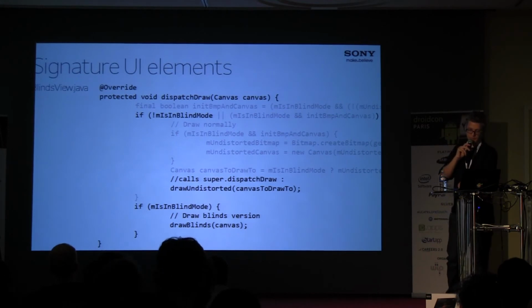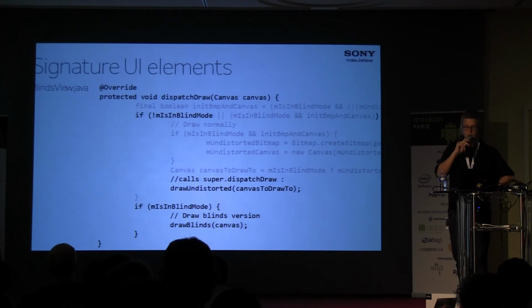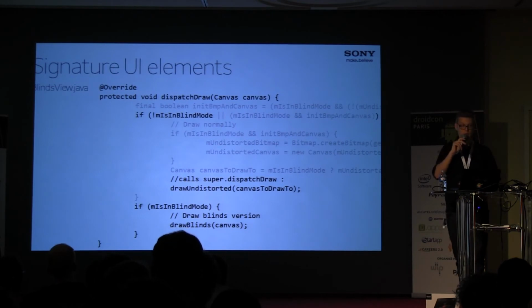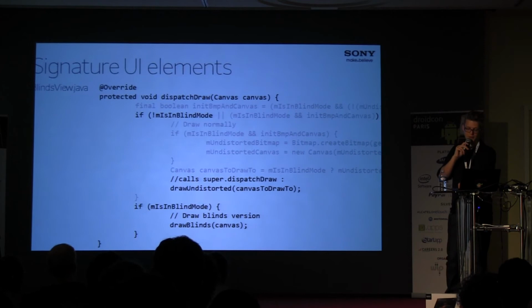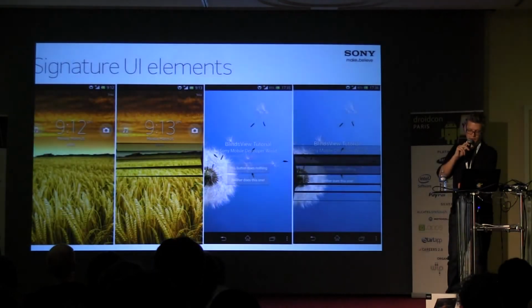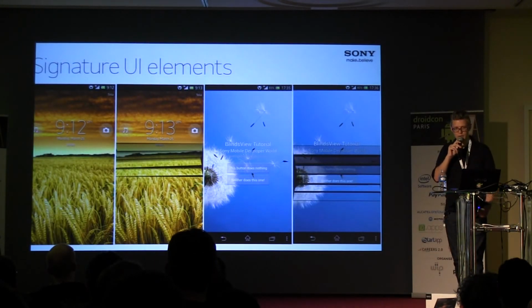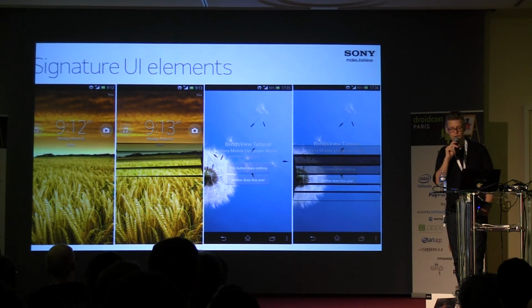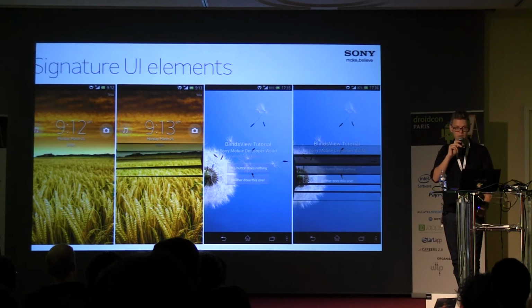So essentially, I have done very, very little in the usual case, where it just lays out and you press all the buttons. Whereas in this special case, it routes to draw blinds. And draw blinds, that's where the magic starts. That's a big thing, but I'm not going to go into that right now. So essentially, we've accomplished all this, but still touching very little. So this is bound to keep working with whatever you put into it, or whatever screen you run it on, or whatever is around it.